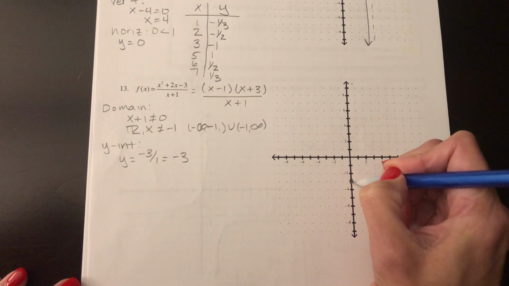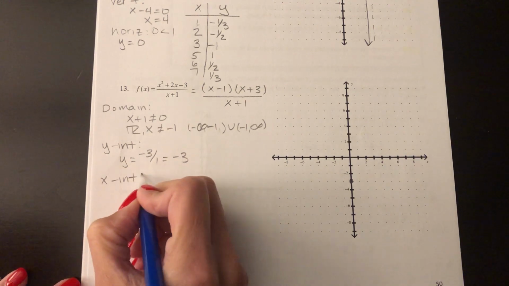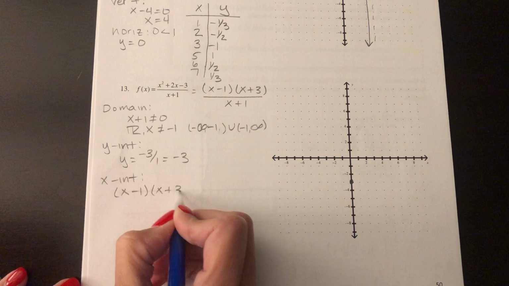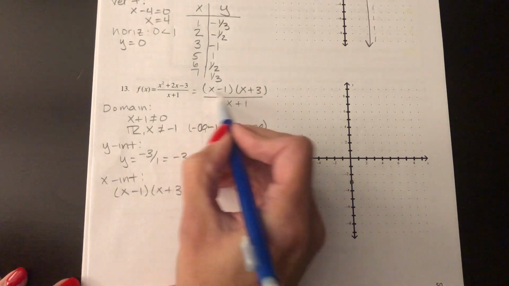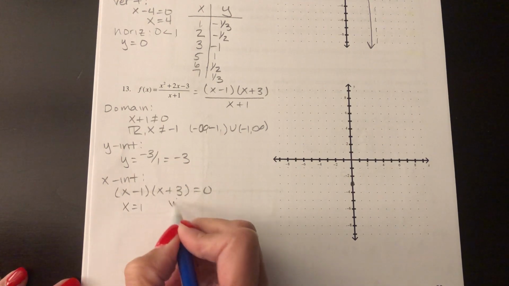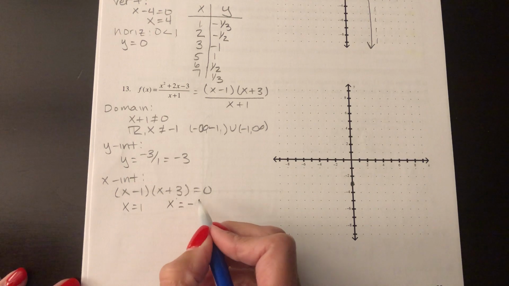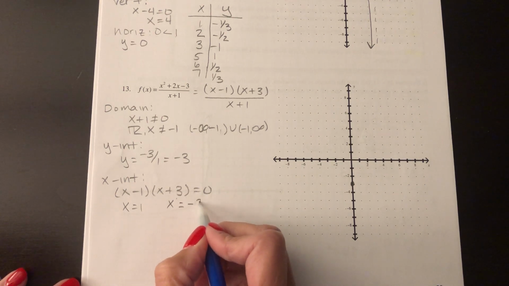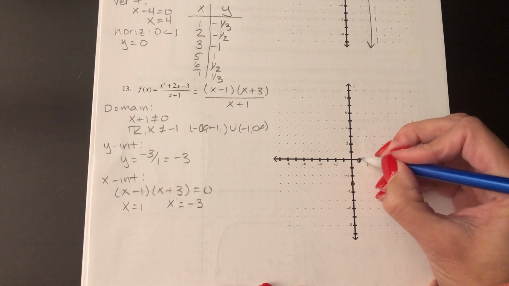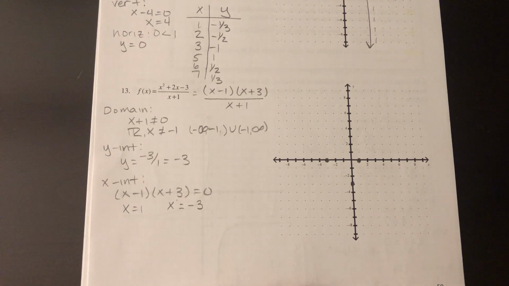Plot that. X-intercept, set the numerator equal to 0, and it's already factored up here, so I just copied that down there. Okay, so 1, -3, plot those.